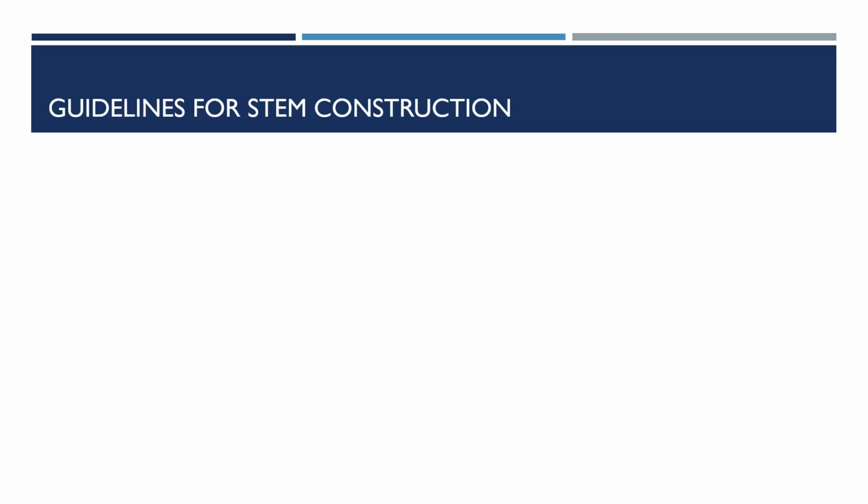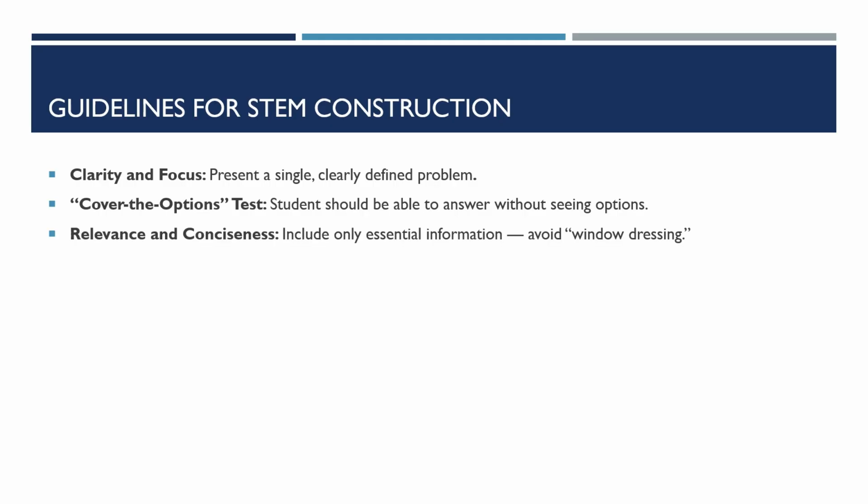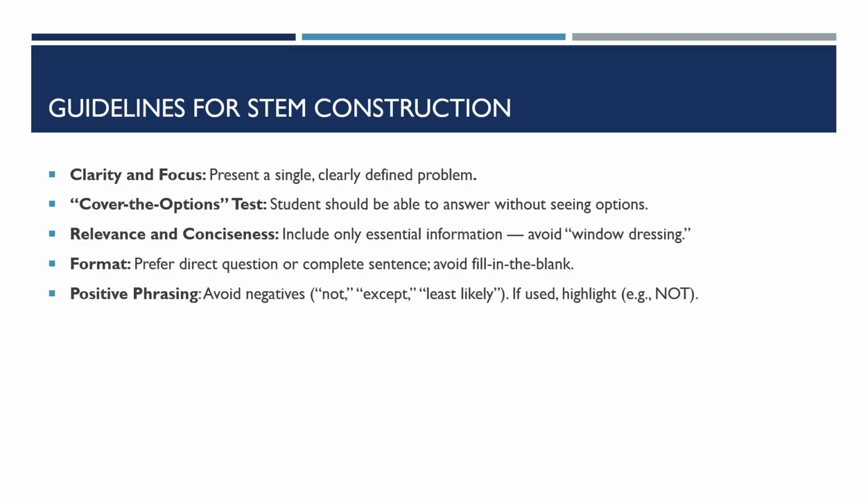The following are the principles which guide good stem writing: clarity and focus, wherein the clinical vignette or the stem should present a single clearly defined problem; cover the options test, wherein the learner should be able to answer the MCQ even without looking at the options; relevance and conciseness, wherein we should include only the essential information and avoid window dressing; we should prefer direct questions or full sentences and not fill in the blanks; use positive phrasing and avoid words like not, except, or the least likely.